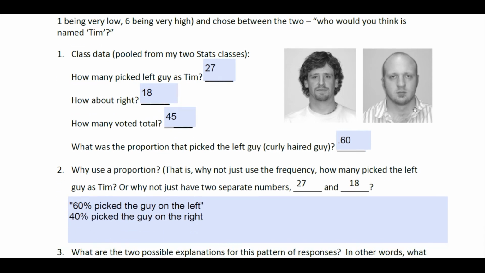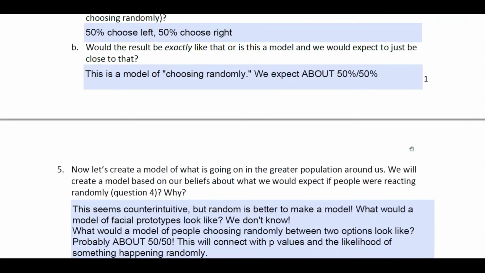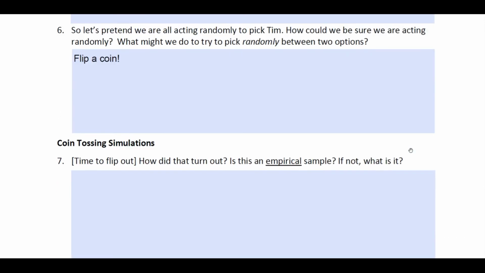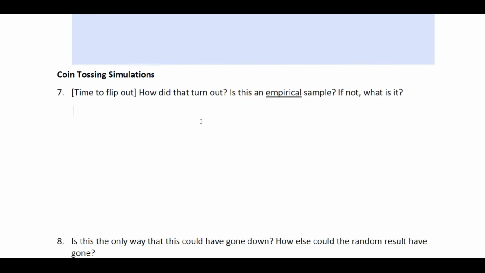Okay. So we did this all together as a class. Again, on this particular day in class, there were actually only 40 people available. But this is how it turned out. We got 25 heads out of 40 flips total.